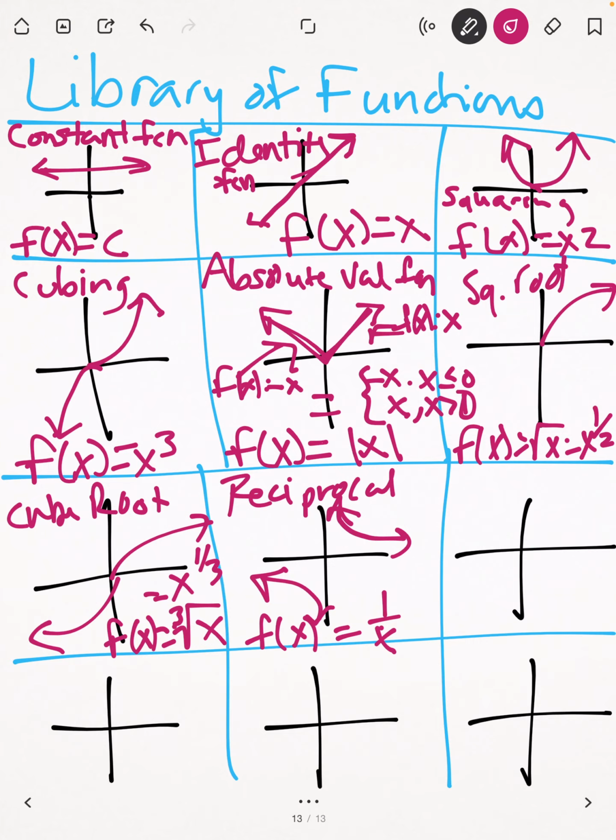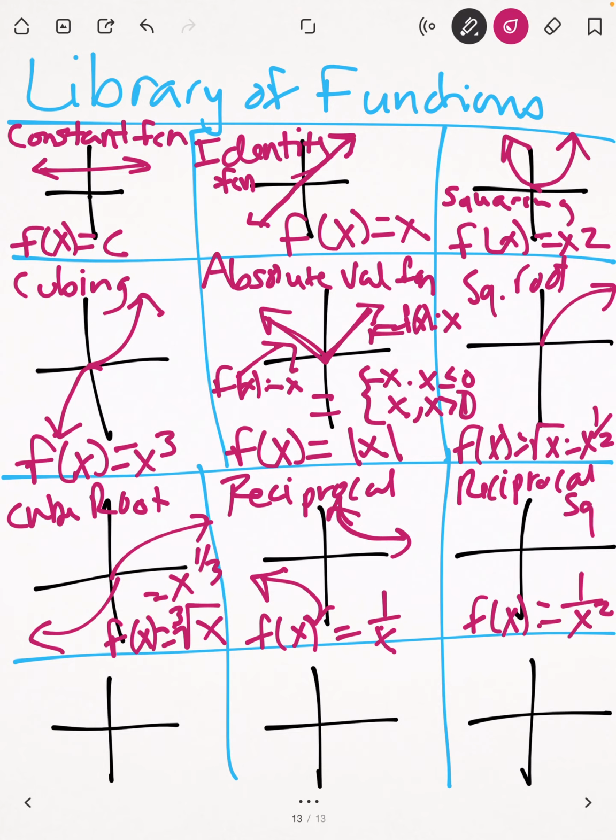And then we also have reciprocal square. So that's where f of x equals 1 over x squared. And now remember when we took like the absolute value, when it became positive, it was like a linear and then it flipped up.